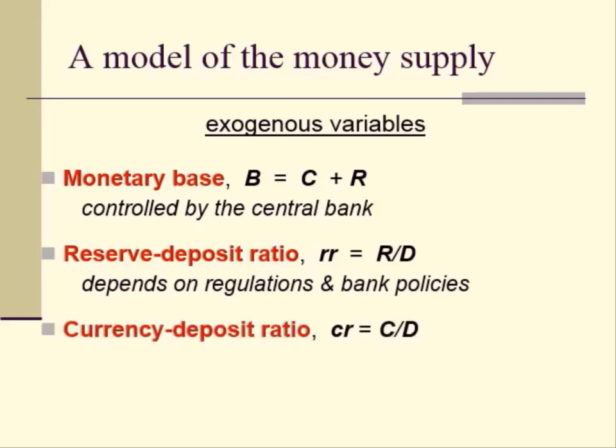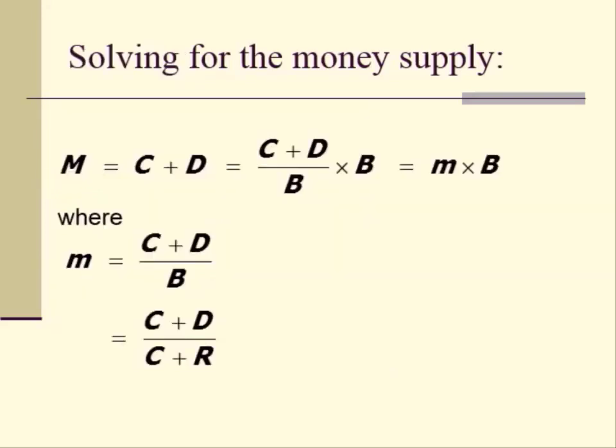Finally, the third exogenous variable I want to introduce in this new model is the so-called currency deposit ratio. Let's denote it as lowercase cr, and that's equal to the amount of currency C that people hold as a fraction of their holdings of demand deposits D. So C over D. And it depends on household preferences.